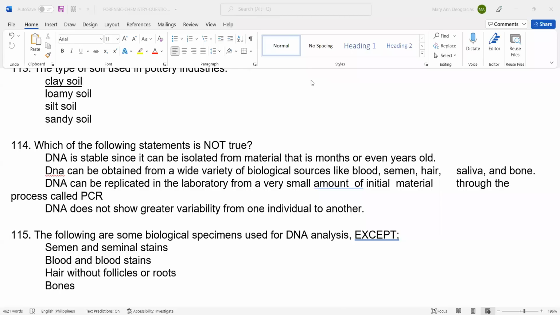O, sige. Break lang saglitan ng mga anak ha, kasi I have to refill my energy kasi may klase ako kanina bago kayo. Klase ako sa undergrad.